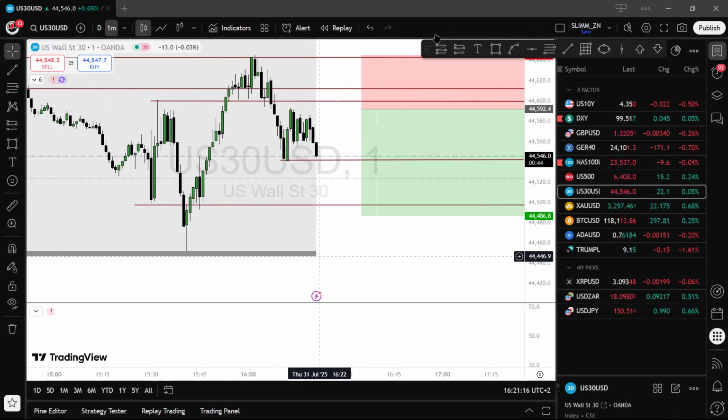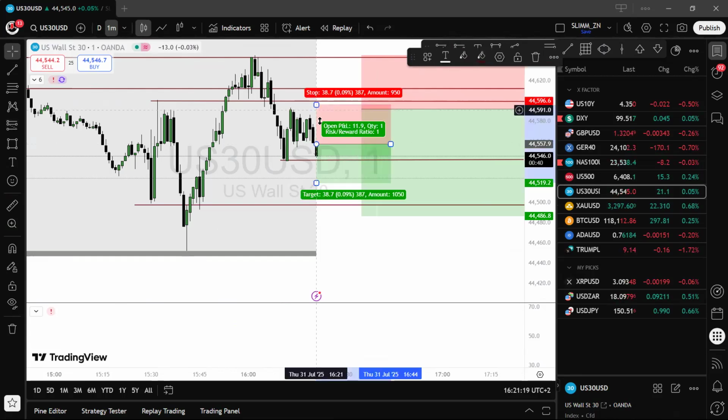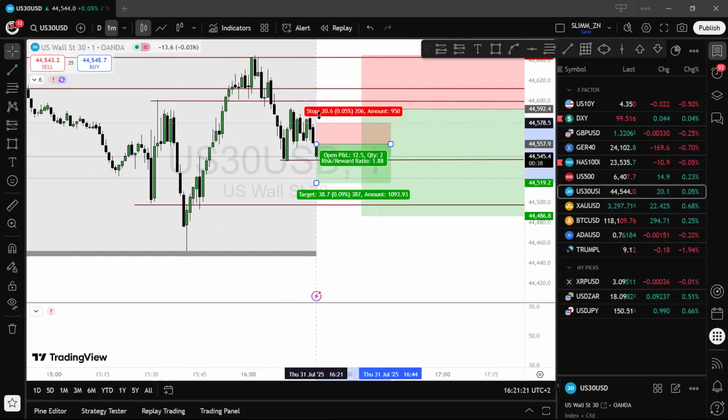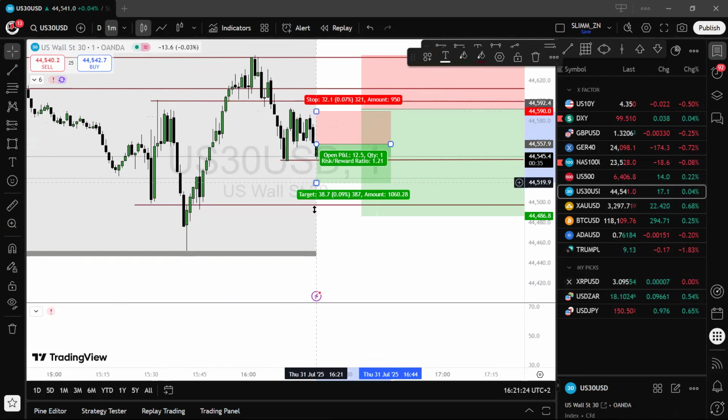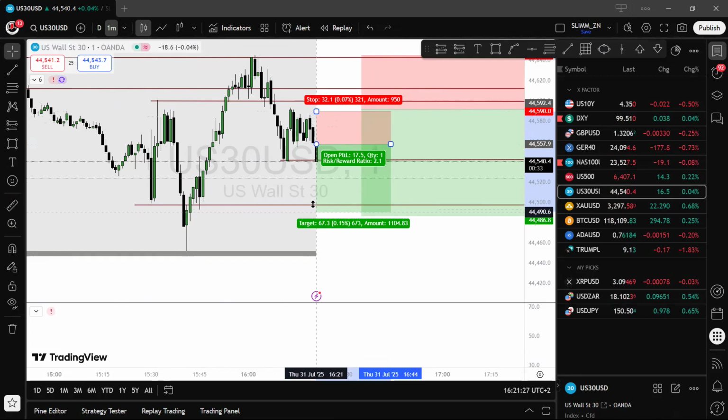Okay, there's possibilities. I've just entered on a ZAR account, looking for a quick scalp.